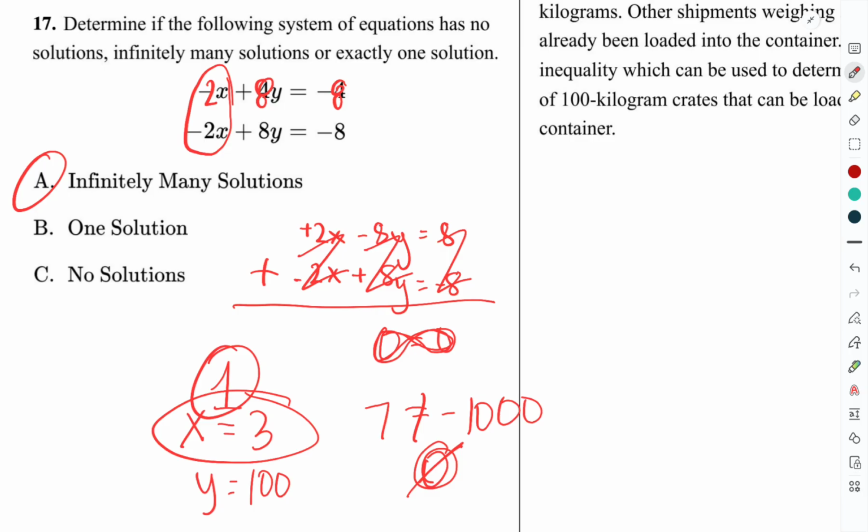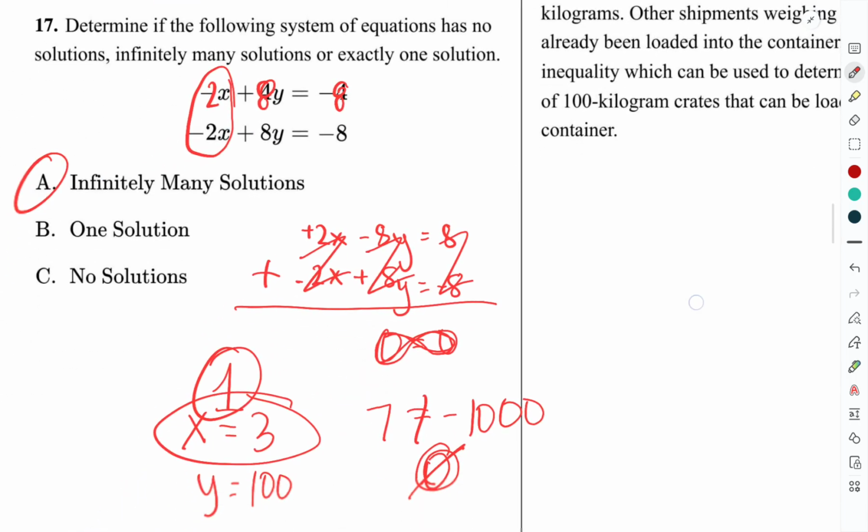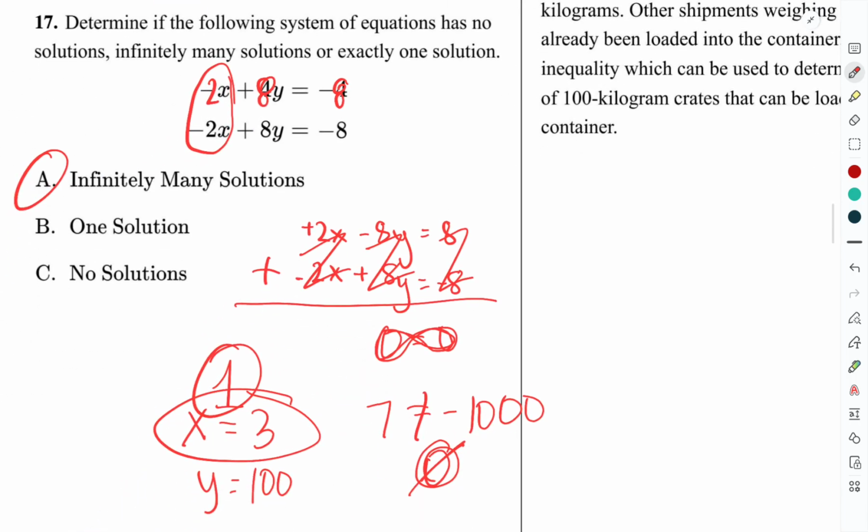If I have the same line twice, then they cross an infinite amount of times. And that is why we say they have infinite solutions, because they cross that many times. So that's how I could tell that they were going to be infinite from the get-go. I could see that they fit together.